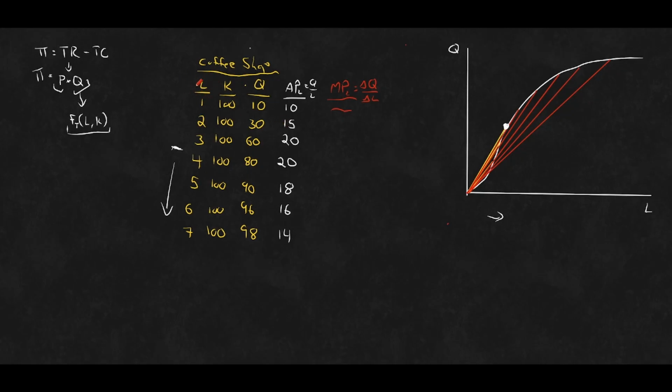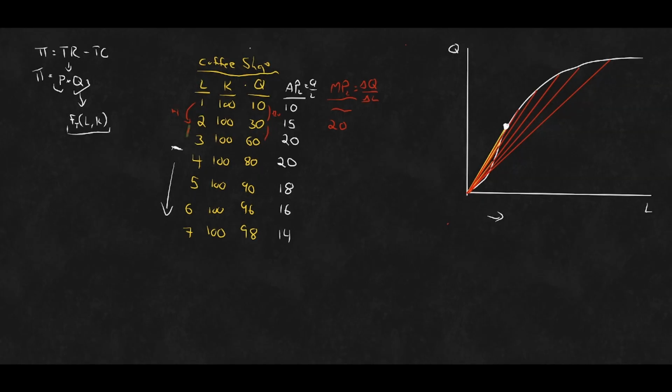I guess we could say, hey, we had 0 before, 0 to 1 gave us 10, but let's just start with this one here. So we added plus 1 worker. As a result of that, we got plus 20 output. So our extra output for an extra worker was 20, marginal product of labor. We got an extra 20 cups of coffee for that additional worker.